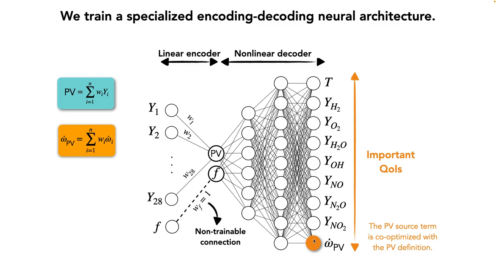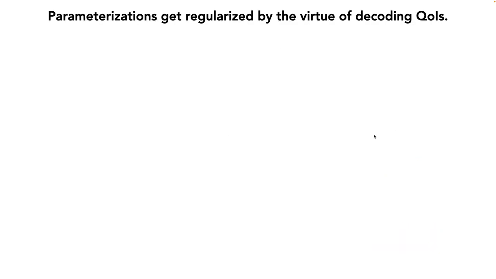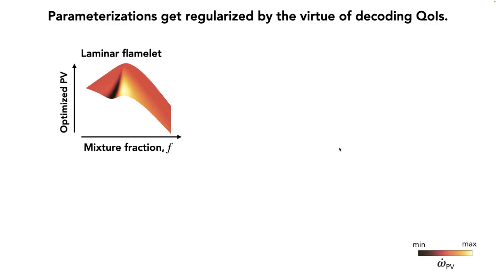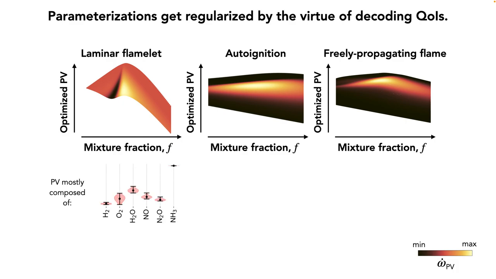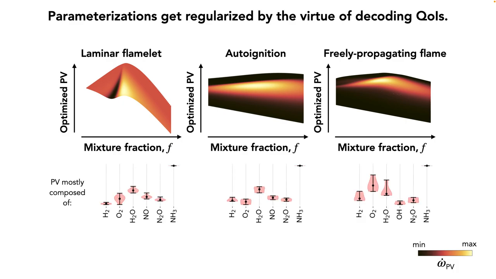So note that the definition of the PV source term continually changes during training as those weights are changing. And we find that we obtain very good quality parameterizations with mixture fraction and PV across a number of combustion systems. Those good topologies are regularized simply by virtue of connecting the encoding and decoding tasks in one optimization loop. During neural network training, the parameterization slowly adjusts to represent the QOIs uniquely and with smooth gradients.